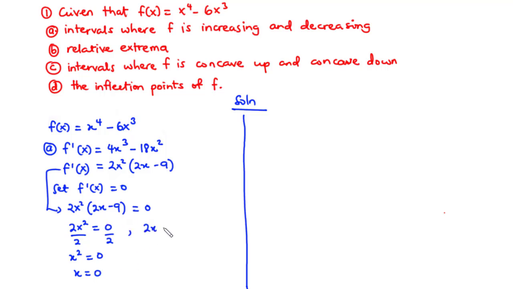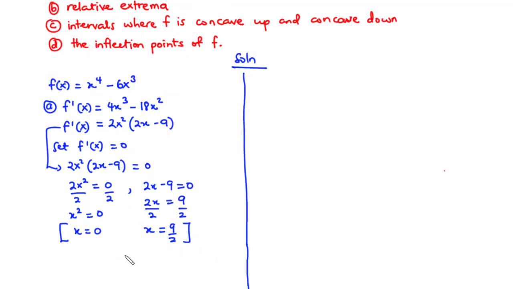Again, we have 2x minus 9 equals 0. We transpose negative 9 to the right hand side, we divide through by 2, and then we have x equals 9 over 2. So we have x equals 0, x equals 9 over 2, and these are the critical points.